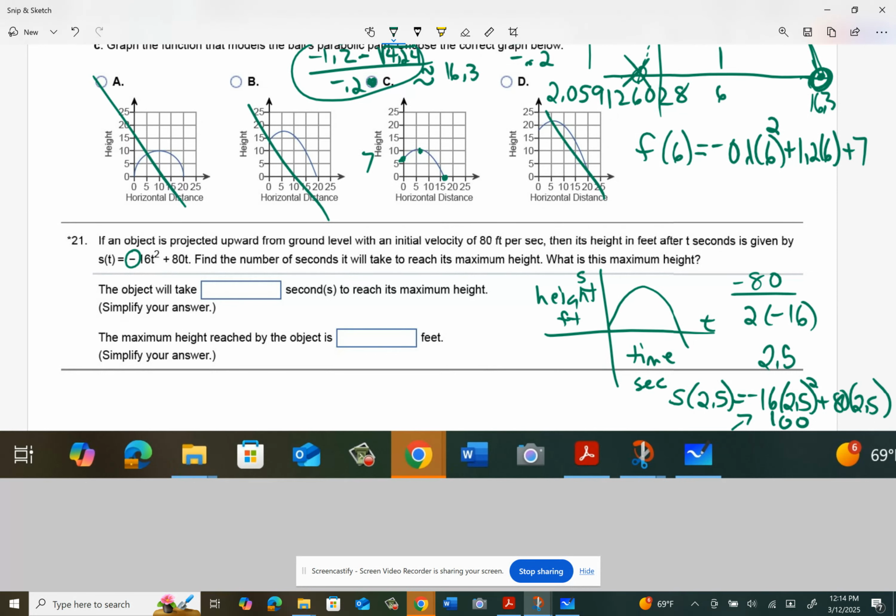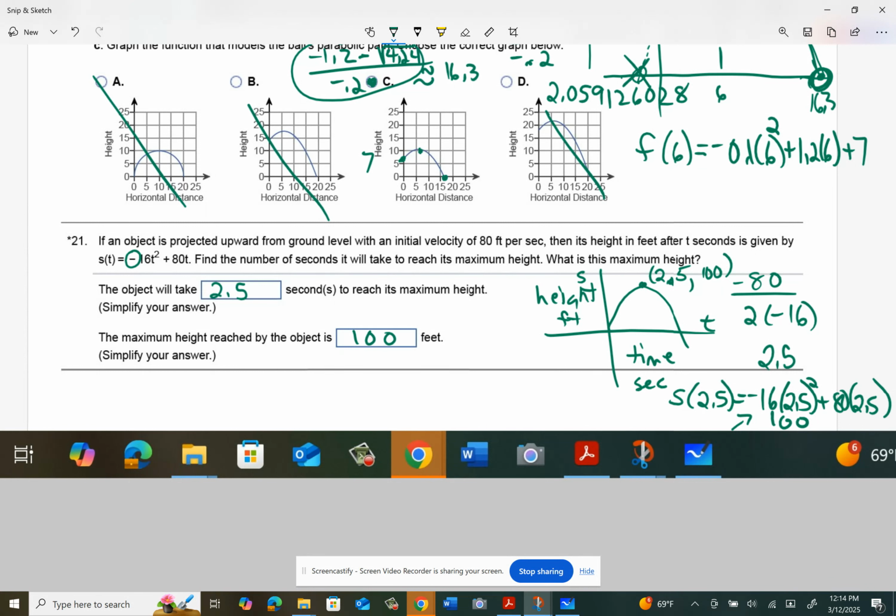Okay. So on this one, you wind up getting the vertex to be 2.5, 100. So that means the object will take 2.5 seconds to reach its maximum height, and the maximum height will be 100 feet.